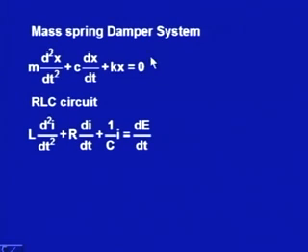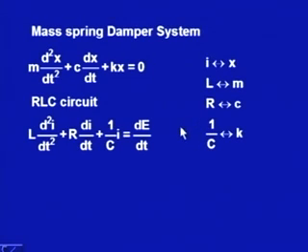Now, if you compare these two equations, one can easily see that these two systems are similar when I is related to x. x is the displacement in this and I is the current in this. So, the two systems are identical.